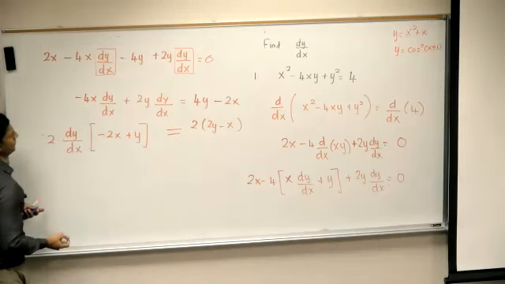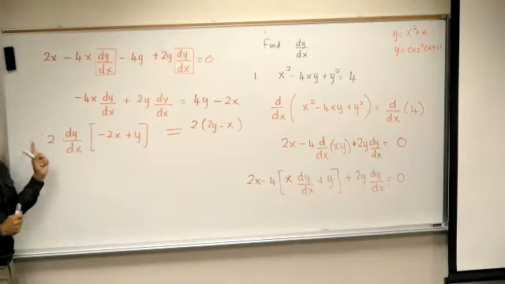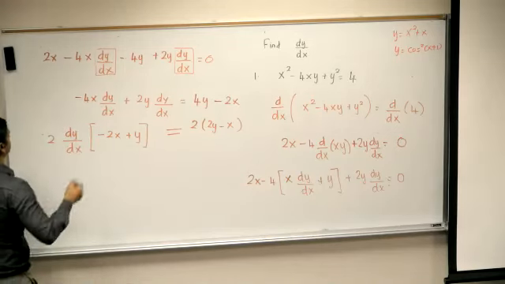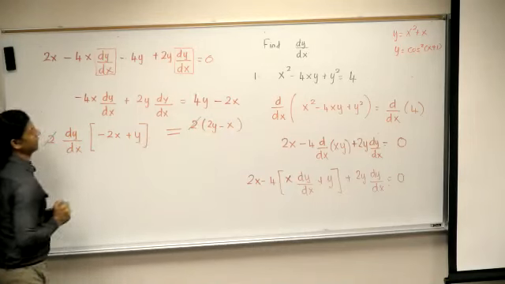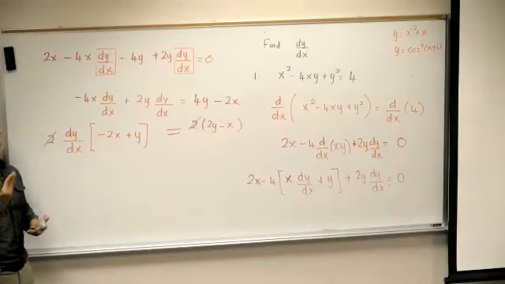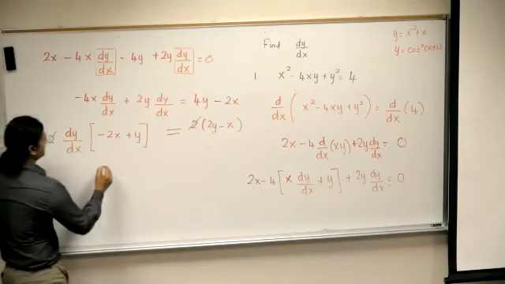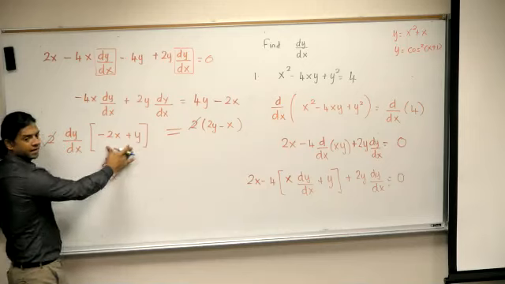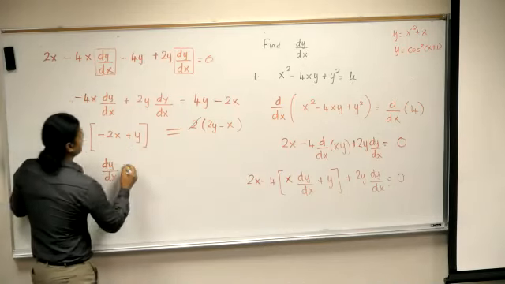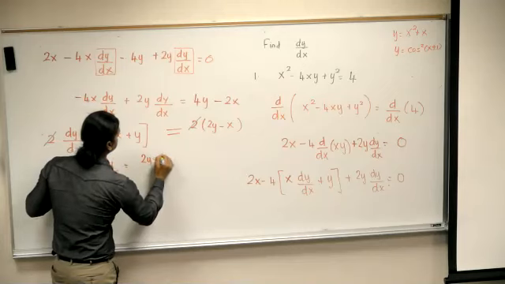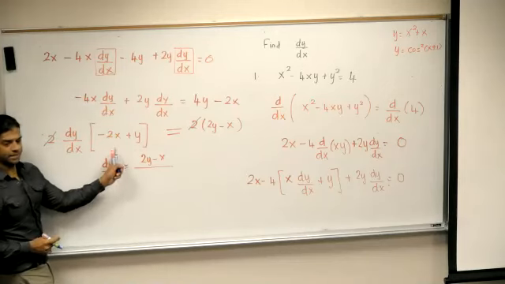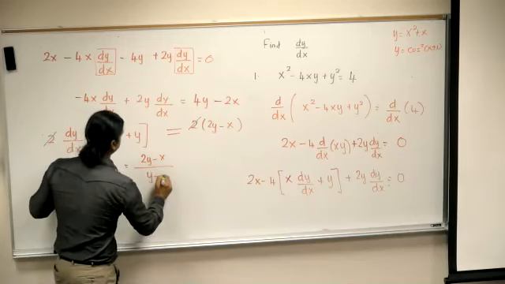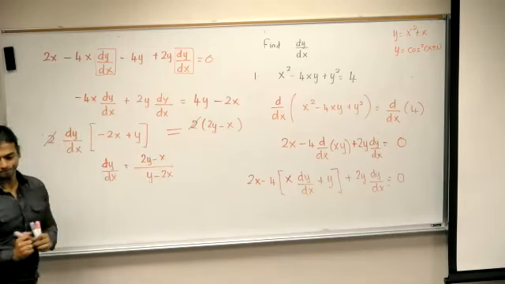I have a 2 on this side, 2 on that side, 2 will get cancelled. We are solving for dy over dx. So dy over dx, divide by this term on both sides. We will have y minus 2x divided by that term, 2y minus x. Negative 2x plus y is the same as y minus 2x.